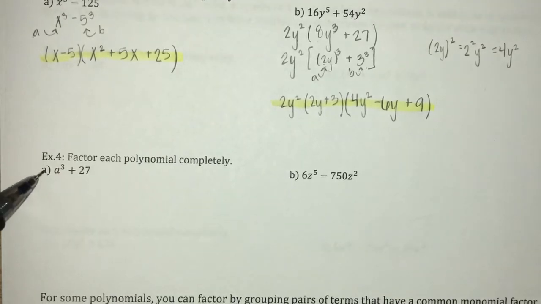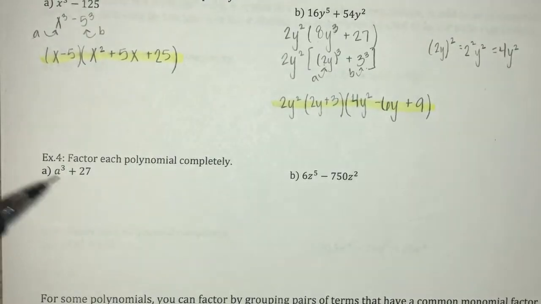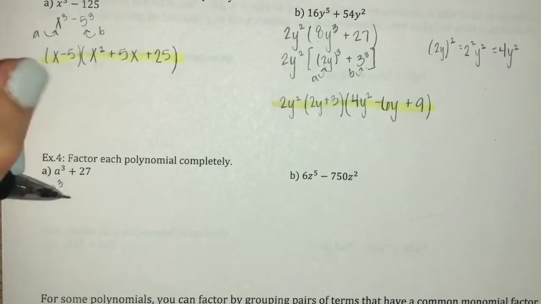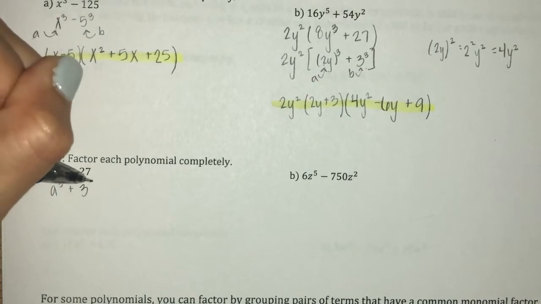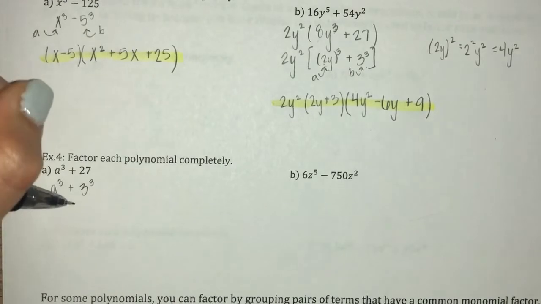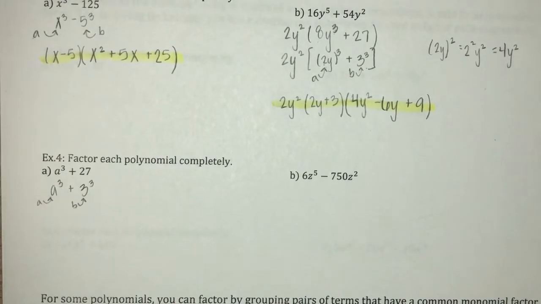So example 4a is a cubed plus 27. This is also a sum of cubes. I can rewrite 27 as 3 cubed, so it'd be a cubed plus 3 cubed. So a would be a, that's convenient, and b would be 3.